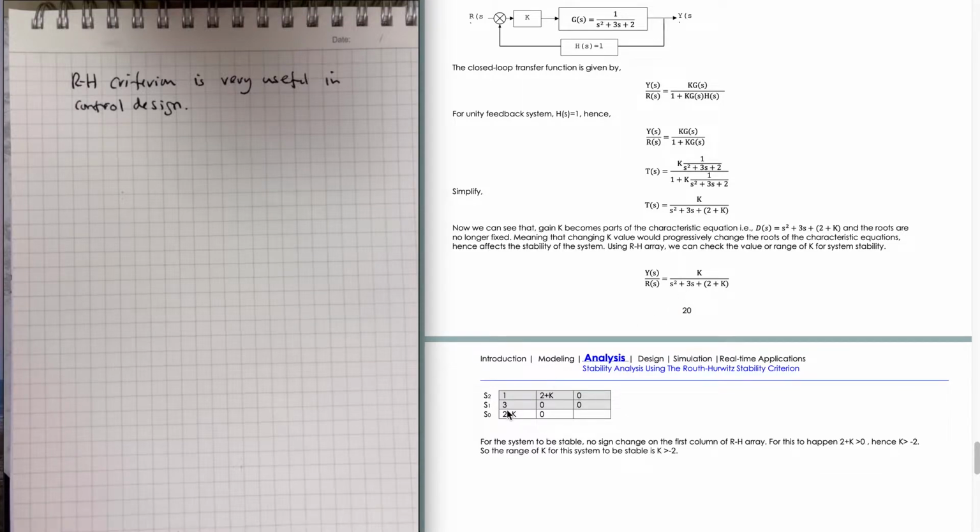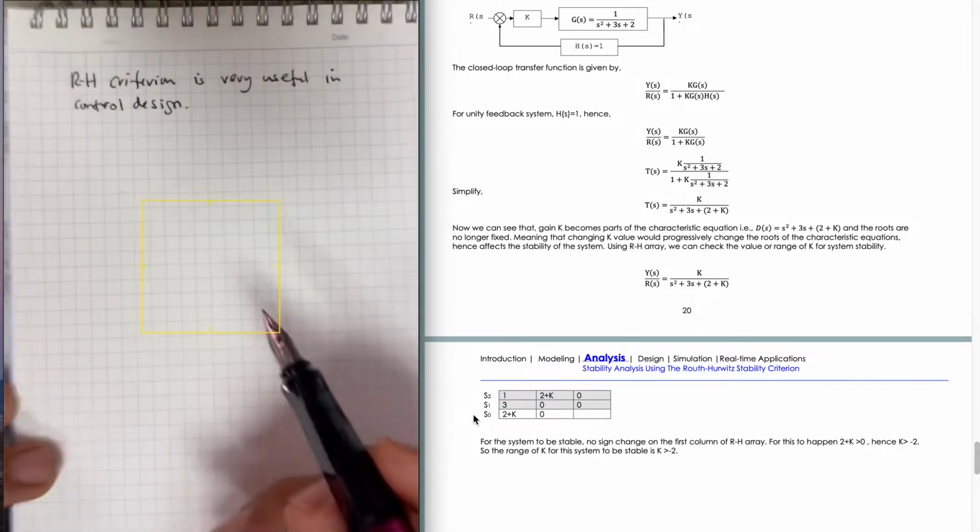Same thing, and then we found that the next S column will be 2 plus K, because 3 multiplied by 2 plus K minus 1 times 0, over 3. We got this, right? So now this column would be stable if there's no sign change. That means as long as K values keep this row positive, the system is stable, right?